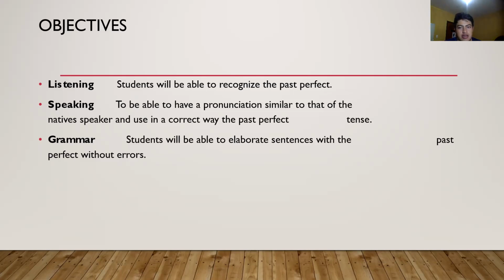But you don't need to exaggerate, because otherwise it will be easy to guess which is the false sentence.